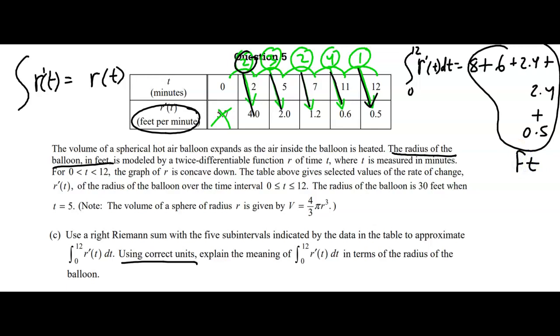Basically, it tells you how much the radius has changed from t equals 0 to t equals 12. It was changing this fast for that long, this fast for that long, and so on. Multiplying all those together, you get the total amount of feet it changed.